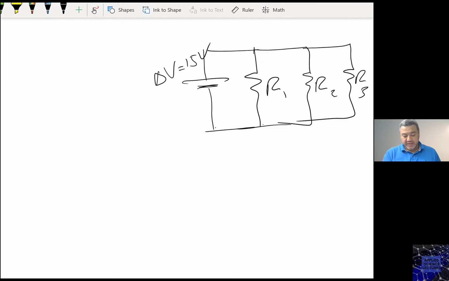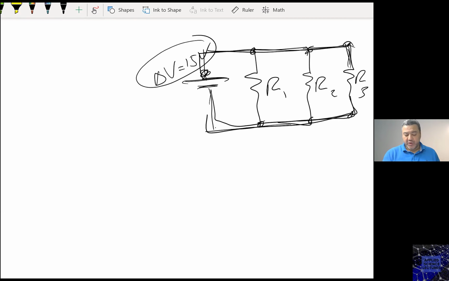Isn't it delta V equals 15 volts, the same potential difference across all of them? It is. Why? Because there are only wires between all of those up to here, which means those ideal wires will make sure that this potential right here at the negative terminal will show up here, here, and here. The same thing for here.